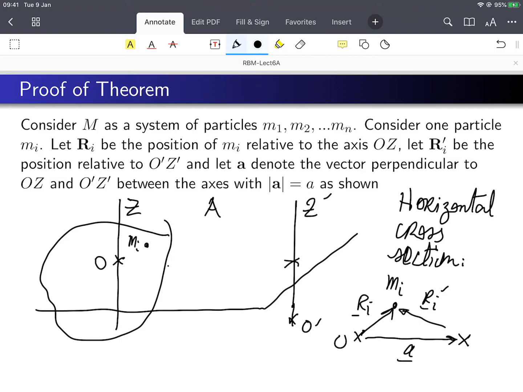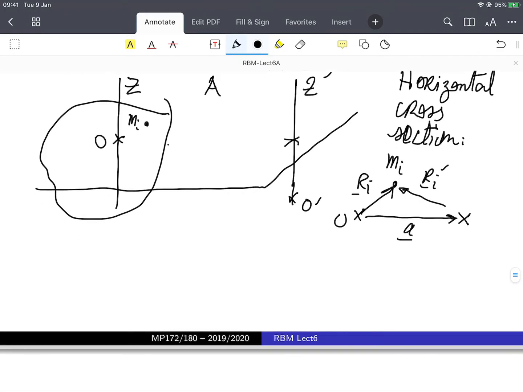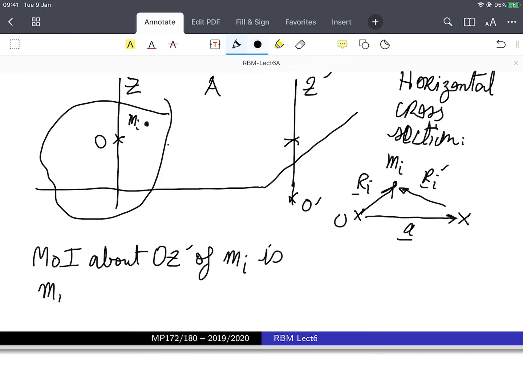So now I can compute the moment of inertia about OZ prime and see if I can connect it to the moment of inertia about OZ. So let's do that. The moment of inertia of Mi, by definition, is the mass times the square of the distance.